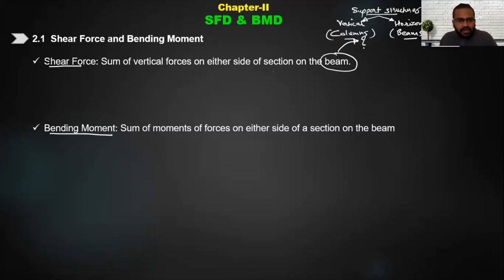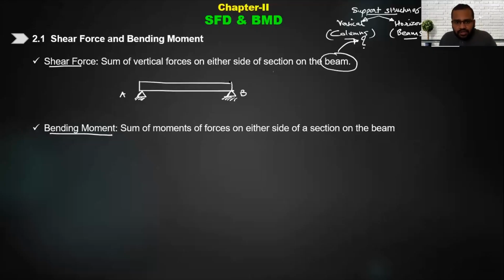As a definition, it is the sum of vertical forces. Shear force means the force which will cause a shearing action. And as I told you, if this is my beam, let's say I have a beam which is horizontal and supported at two ends, end A and end B. For a shearing action on this beam, the load should be tangential to the cross section of the beam.